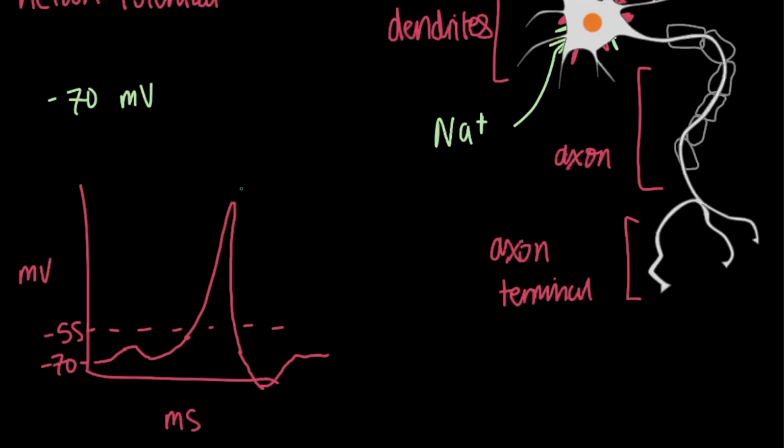So what we have here are a couple of distinct stages in the action potential. We have our relatively resting state neuron right here. Now let's do this in a different color. Let's do blue. And then we have this rapid period of depolarization right here.